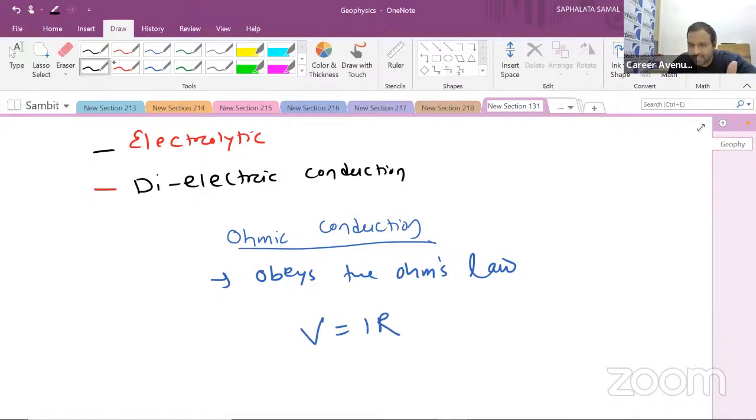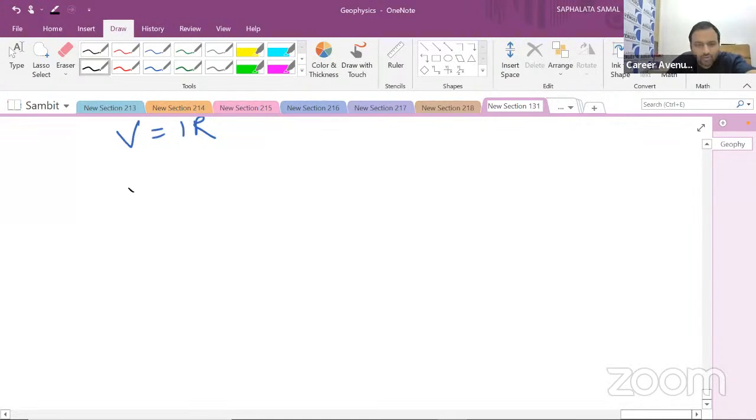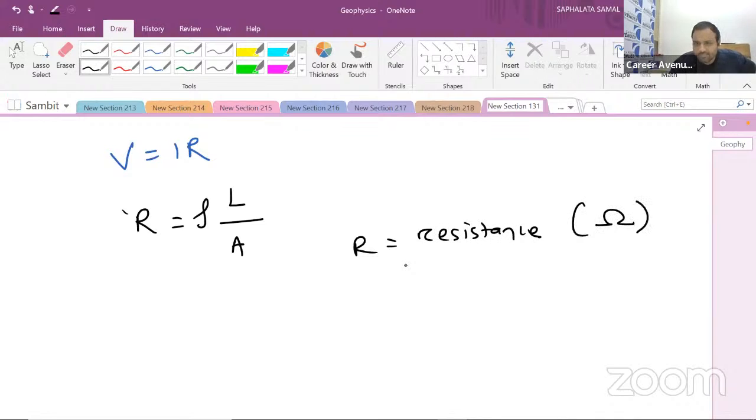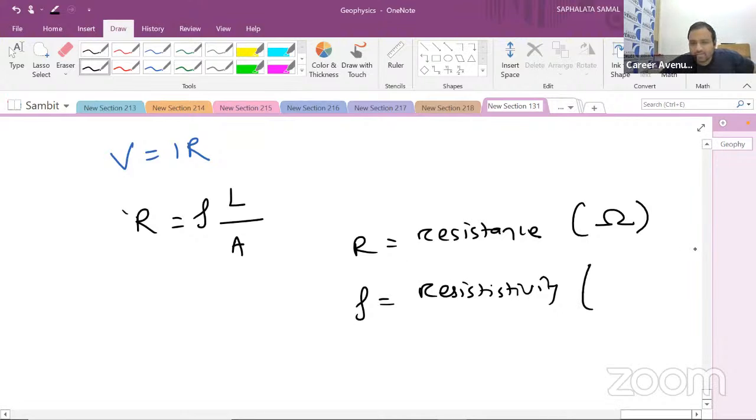Ohm's law says potential difference is equal to current times the resistance. And we know resistance is equal to rho L by A, where R is the resistance. The unit of resistance is ohm, and rho is the resistivity, and the unit is ohm meter.